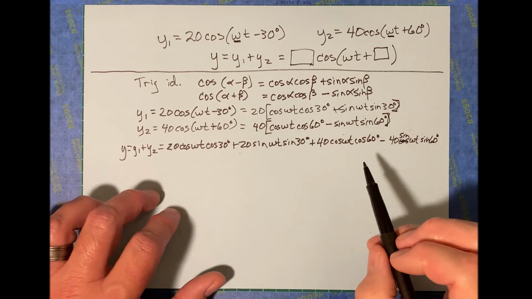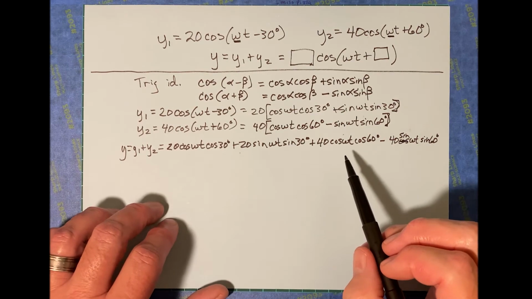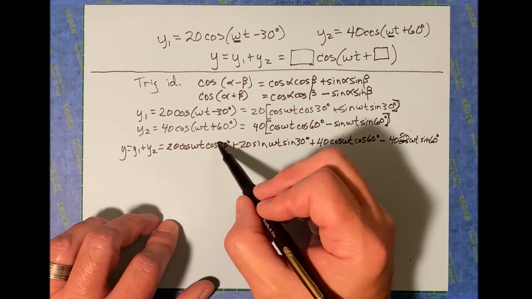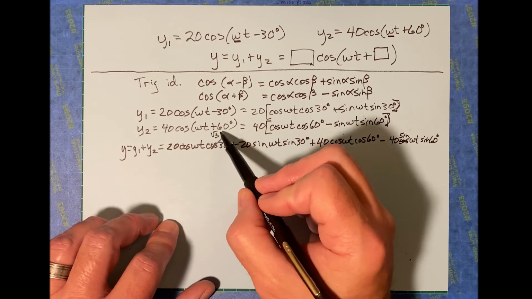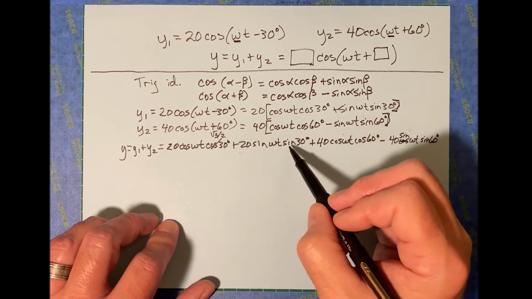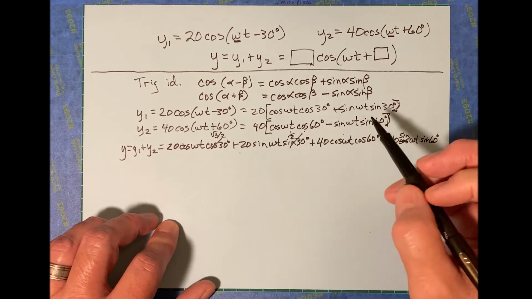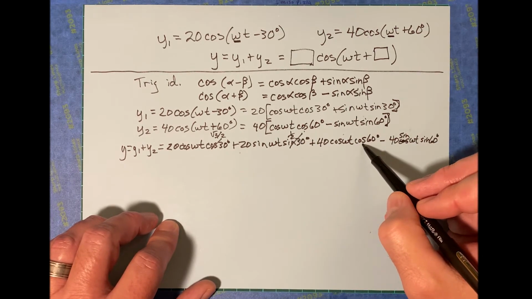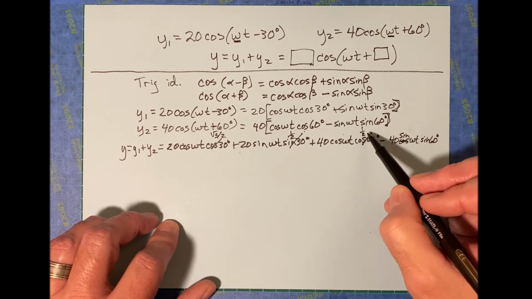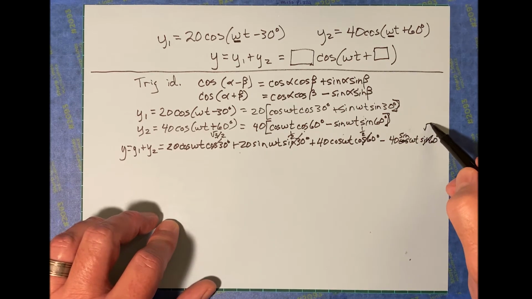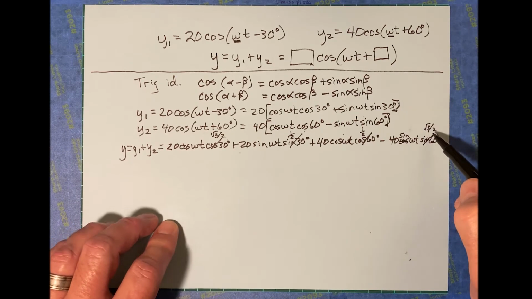Okay, now let's take the things that we can and evaluate them. The cosine of 30 is going to be the square root of 3 over 2. The sine of 30 is going to be a half. Cosine of 60 is a half as well. And the sine of 60 is square root of 3 over 2 as well.